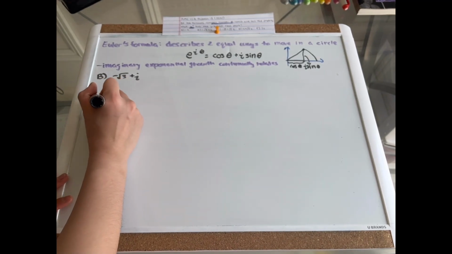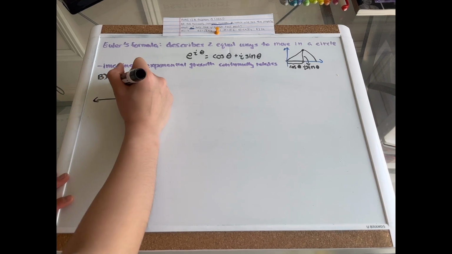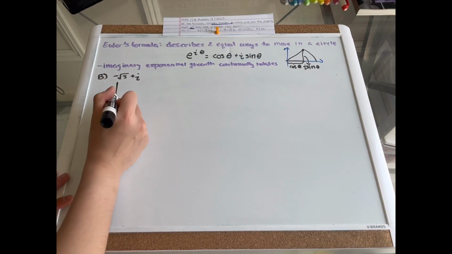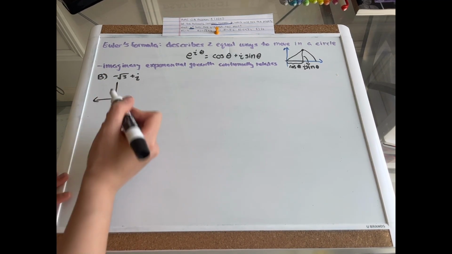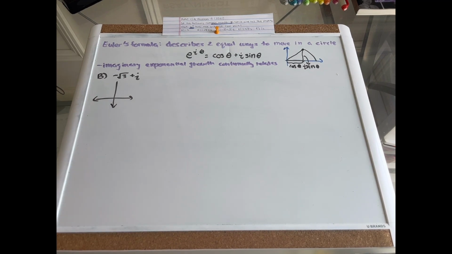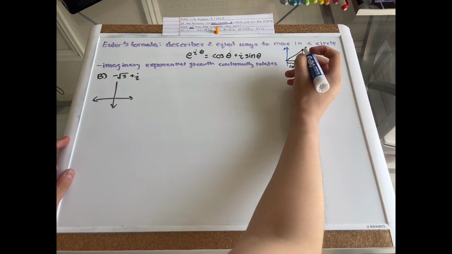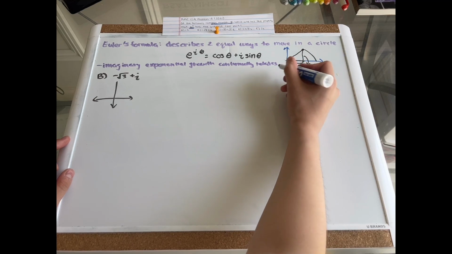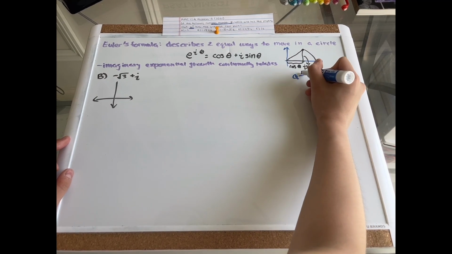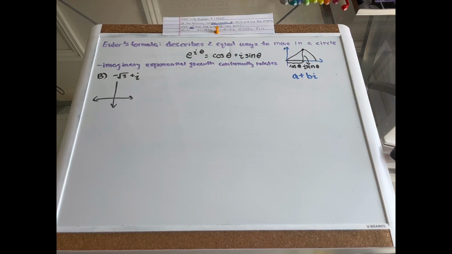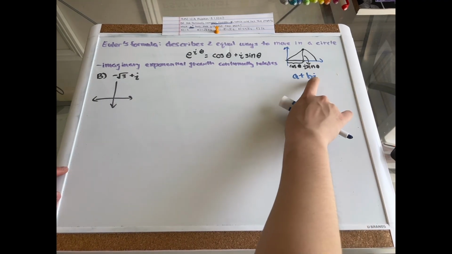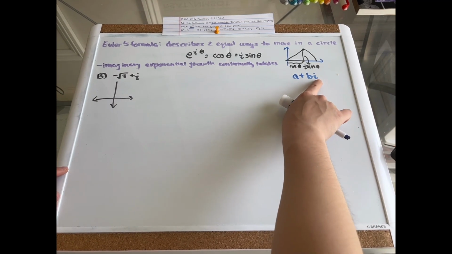So this diagram is basically the coordinate plane. One of the other formulas we must know is that a complex number can always be written as a plus bi, where a and b are real numbers, and bi is the imaginary part because it contains the i.